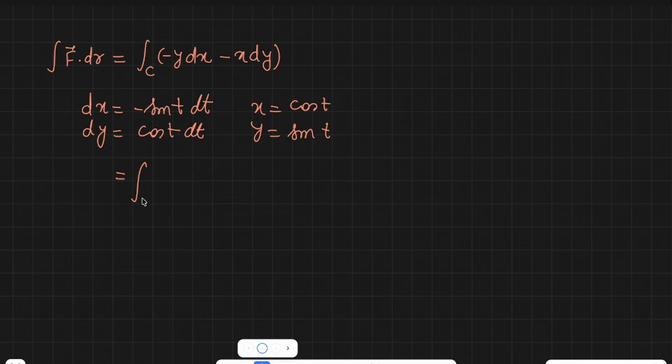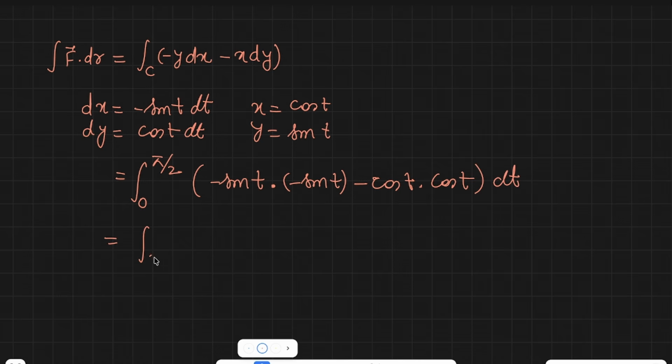So the integral limit will be from 0 to pi by 2, and minus y will be minus sine t into dx, which is minus sine t dt. Or dt I can take common. Then it is minus of x is cos of t, dy is again cos t, and dt I will take common.